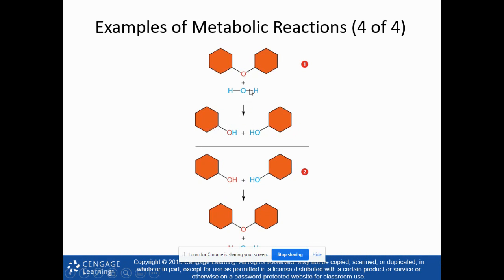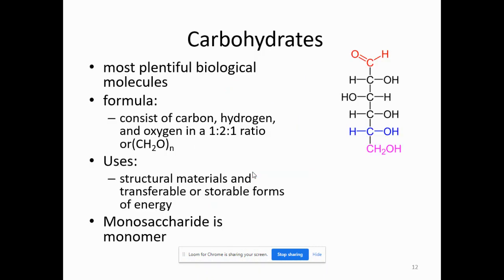So if water is a reactant, that means it's being broken down, and so this is a hydrolysis reaction. Well, in this example, water is a product. This means that water is being formed, so this chemical reaction is a condensation reaction. Make sure you can identify hydrolysis versus condensation reaction.